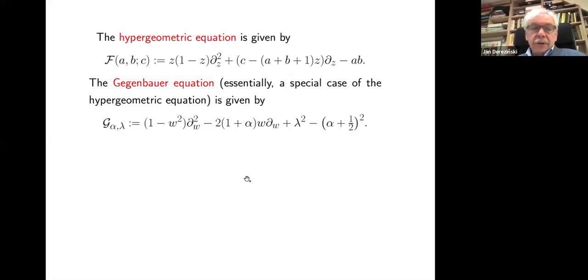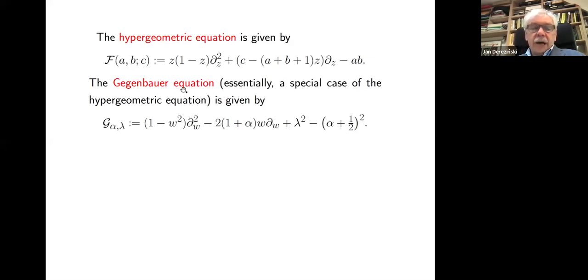Now, the hypergeometric equation: instead of the full equation, I am writing the operator which defines this equation. As you see, this depends on three parameters, A, B, and C.